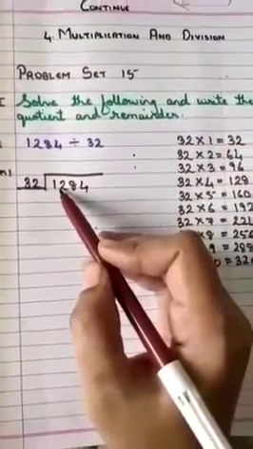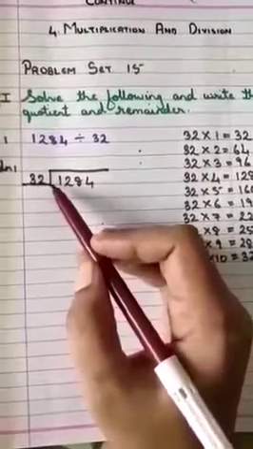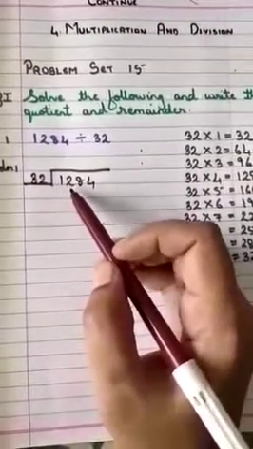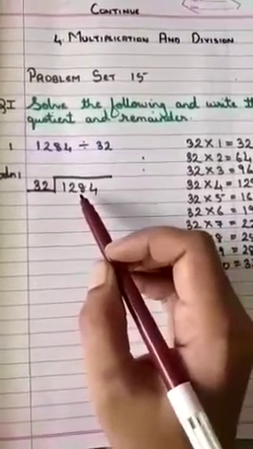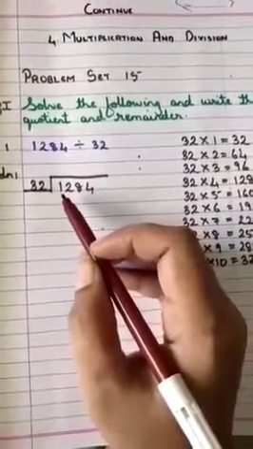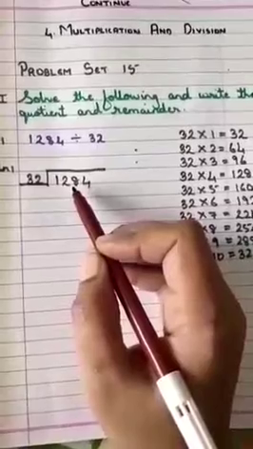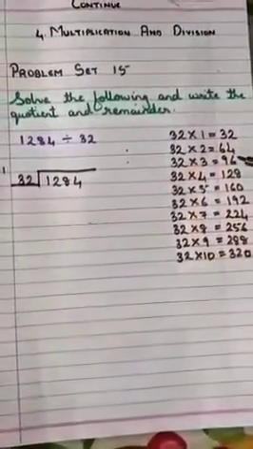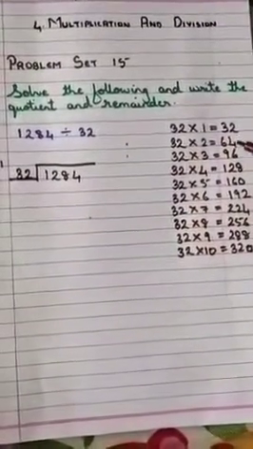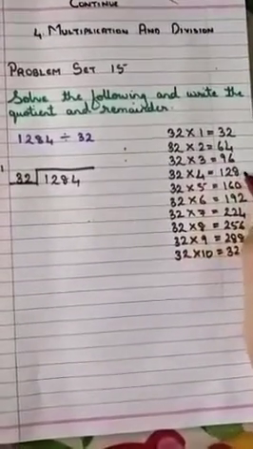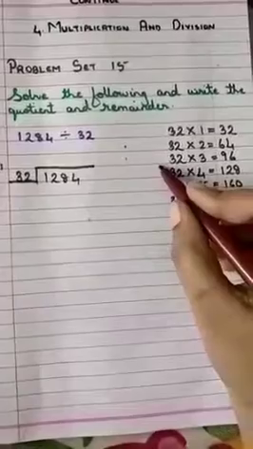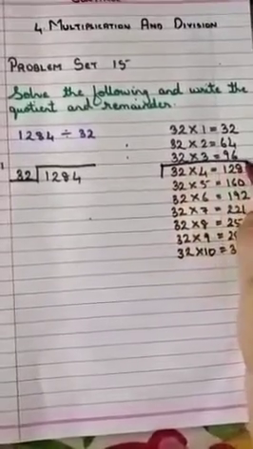Here it is 12. We cannot divide 12 by 32, so we are going to see the third digit also. So it will become 128. Is there 128 in 32's table? Yes, it is here. 32 fours are 128.